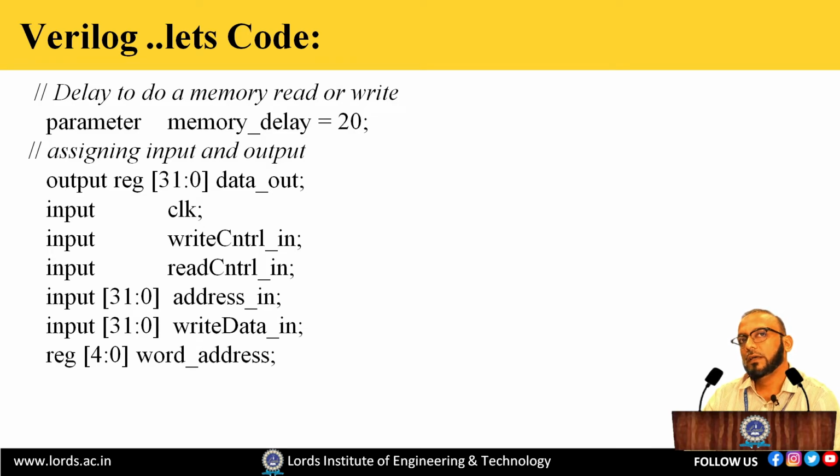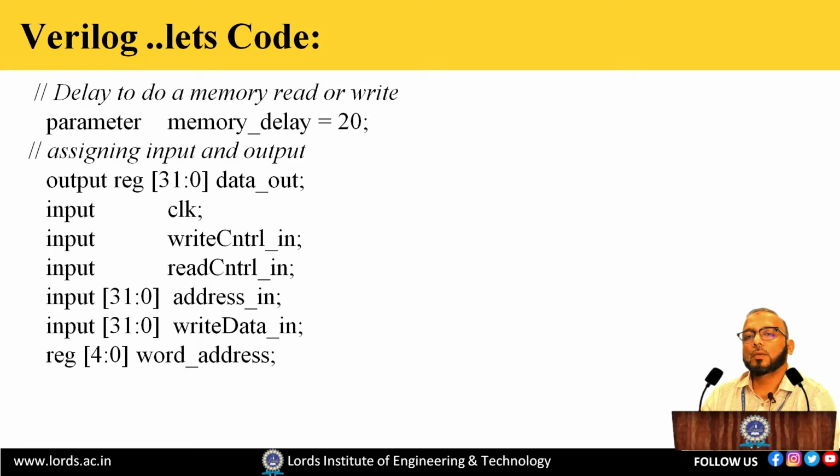In the same way, write data in is again 32 bits. I'm using 4 down to 0, a 5-bit word address, as a register. The difference between a wire and a register is that a wire is nothing but a connection, while a register holds a value. It retains a value, so it is more than just a connection.